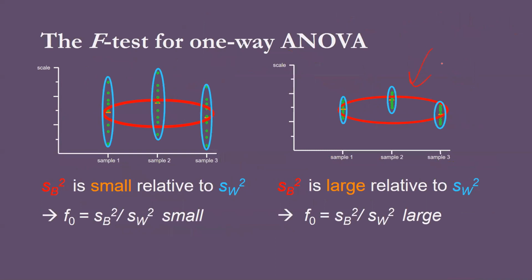So that is quite a lot to absorb, but hopefully you're starting to see how the F test statistic comes together. What I want to show you now is how the test statistic gets you to the p-value.